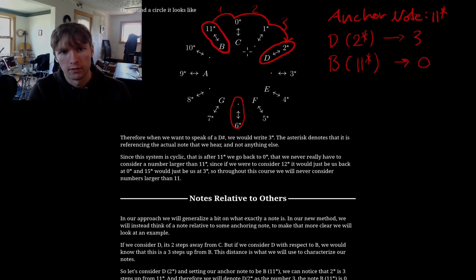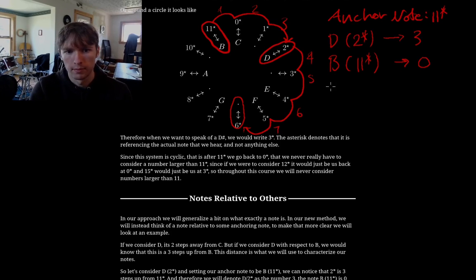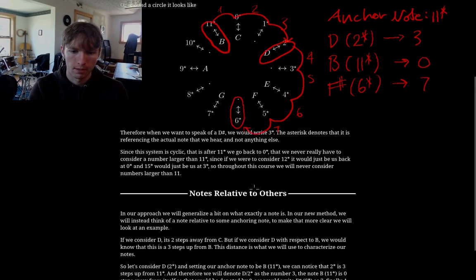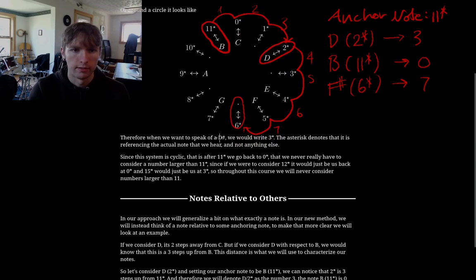How many steps away from 11 is it? Well, we can continue this: 4, 5, 6, 7. So when we think about F sharp, which is 6, it's actually 7. The last one we'll consider is 9, which is A.